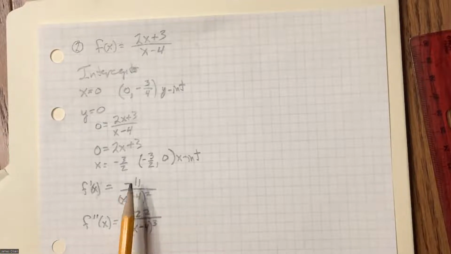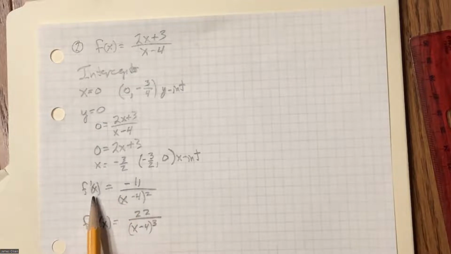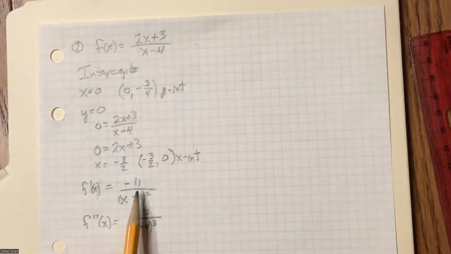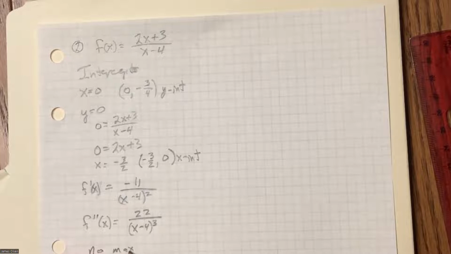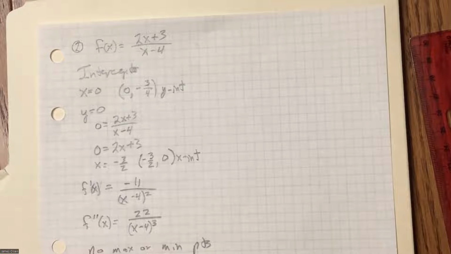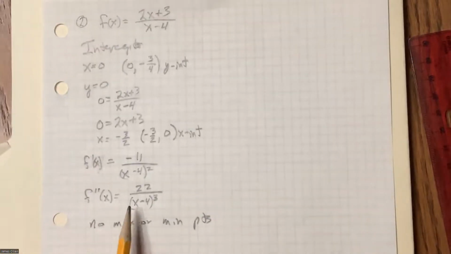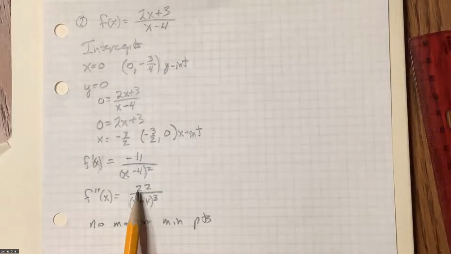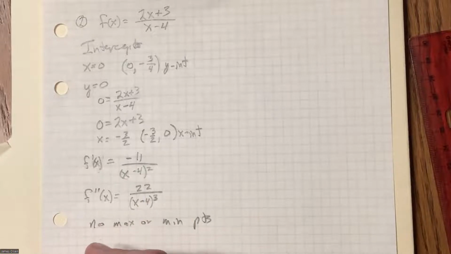So this does not have a place where the derivative is 0, which means there's not going to be a max or min point. No max or min points. Similarly, but somewhat different, if we put the second derivative equal to 0, 22 is never 0, so this has no inflection points.